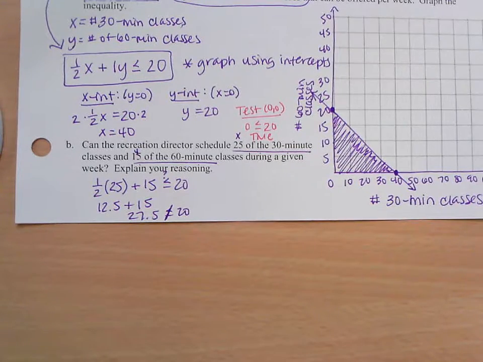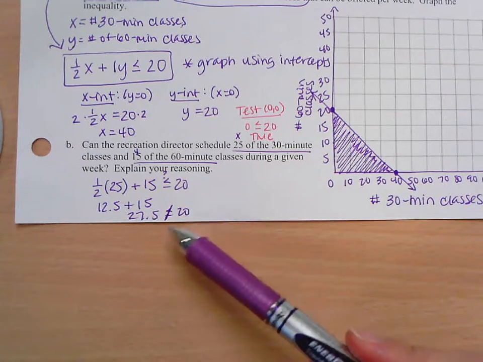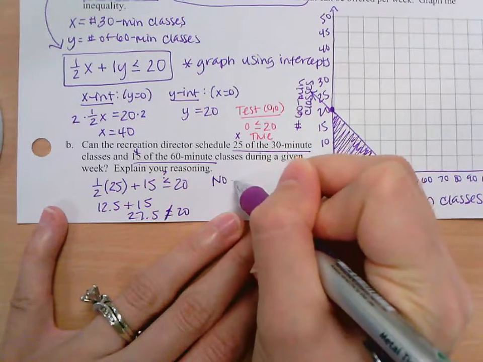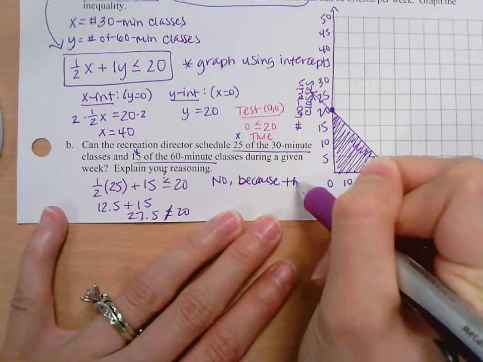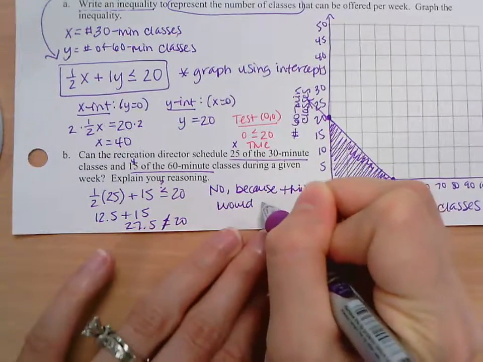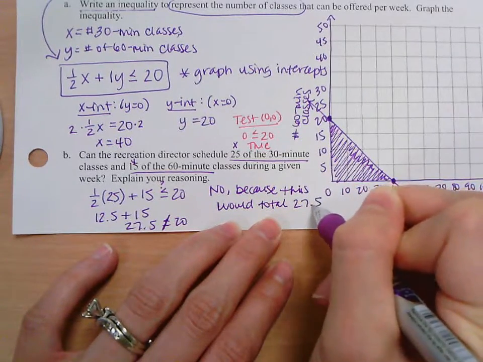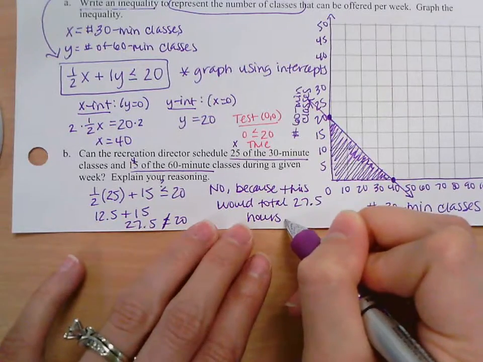So right method of checking, but this means we actually could not schedule that. So we could say no, because this would total 27.5 hours.